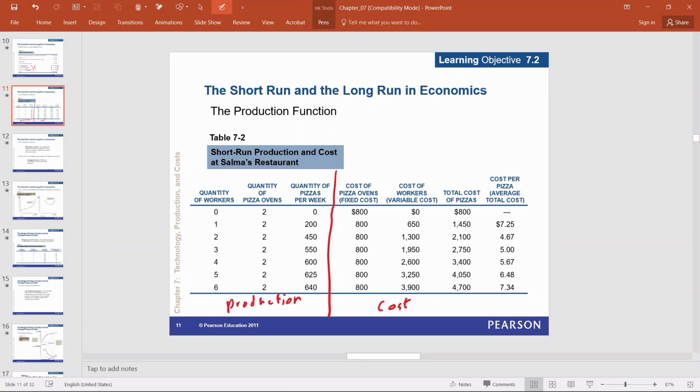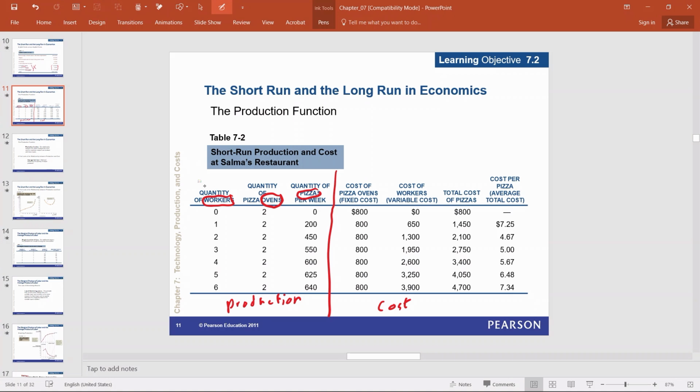This firm produces pizza, and to produce pizza, this firm hires or utilizes two resources or two inputs: workers and oven or ovens.